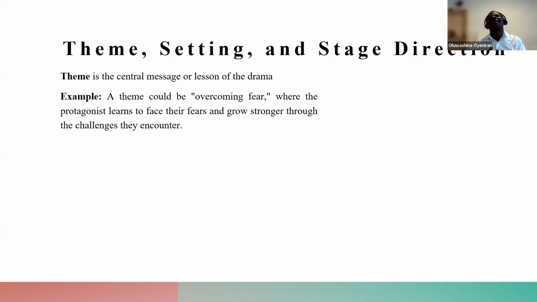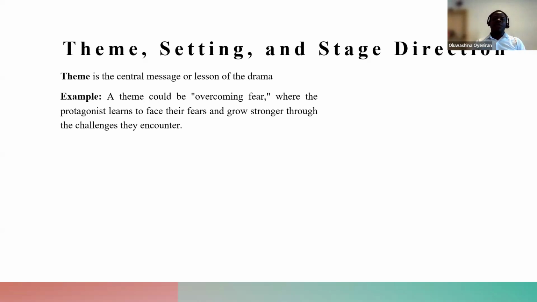Take for instance, you want to portray a story that happened probably in the 40s. You might want to use some type of archaic system, some orthodox ways of doing things, like instead of riding a car, you're using a camel or horse. So those are settings, and all these things make our storyline beautiful.